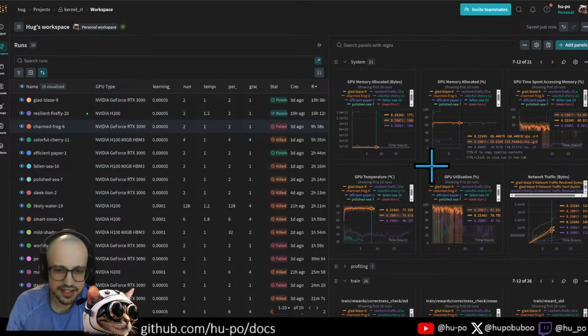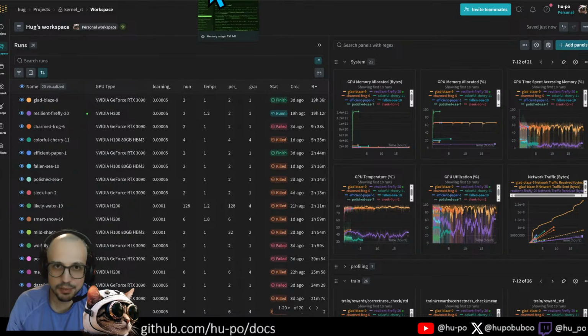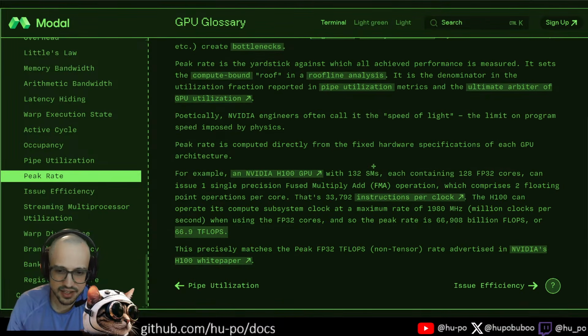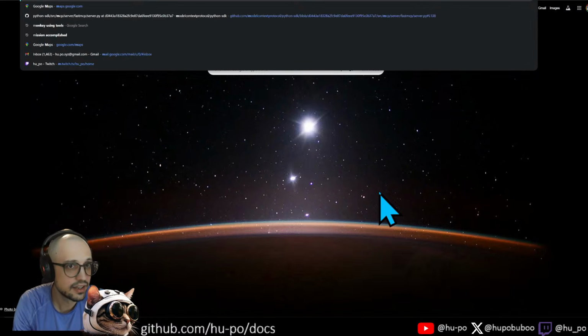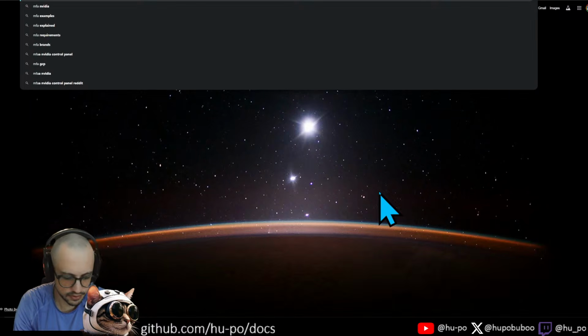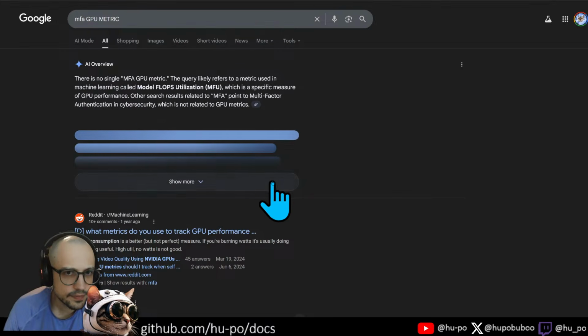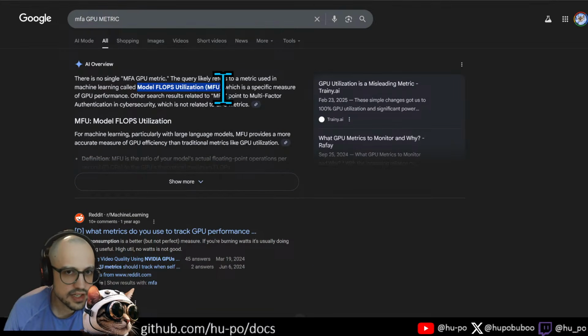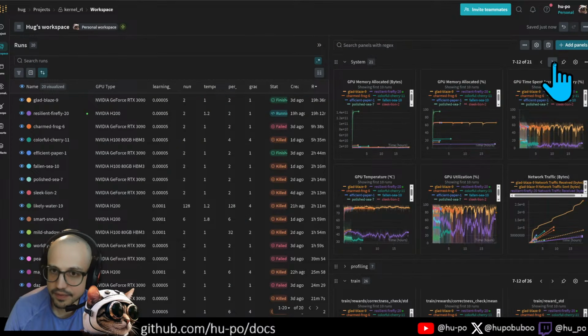These are all different things that give you an idea of where you are from a GPU performance standpoint, but they're not really the most important thing. So some people are talking about this MFU GPU metric, model flops utilization, as the ultimate thing that you should look at.